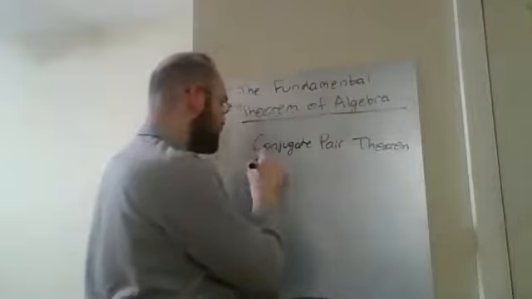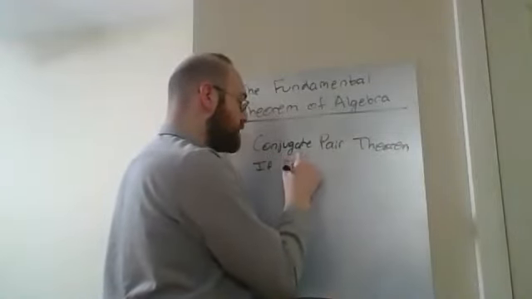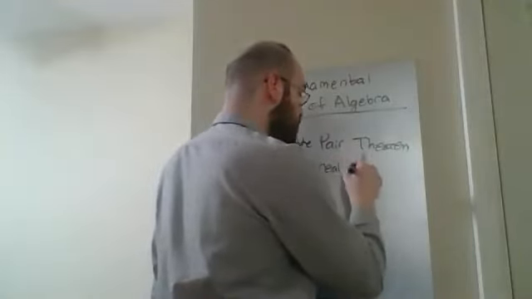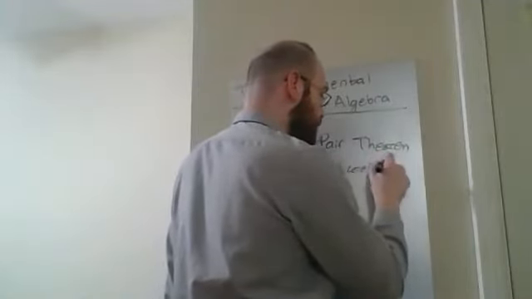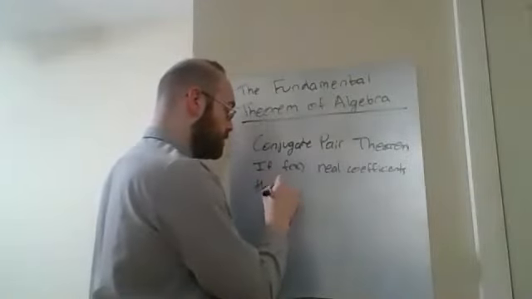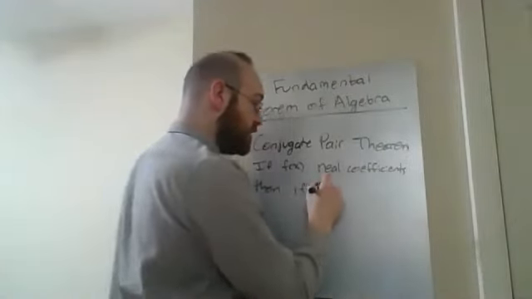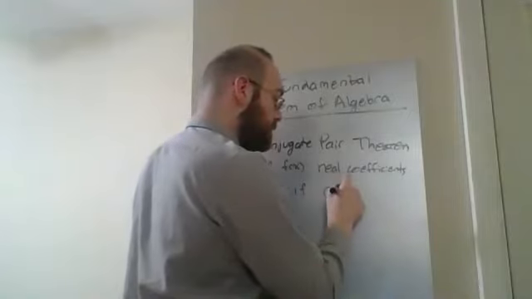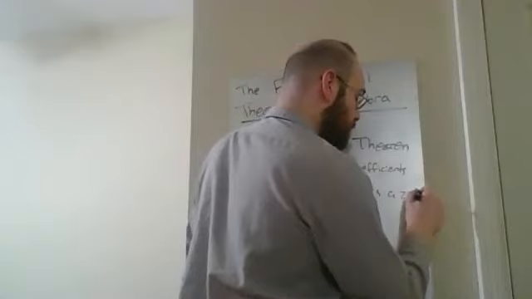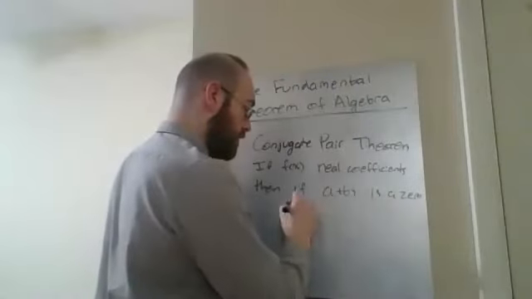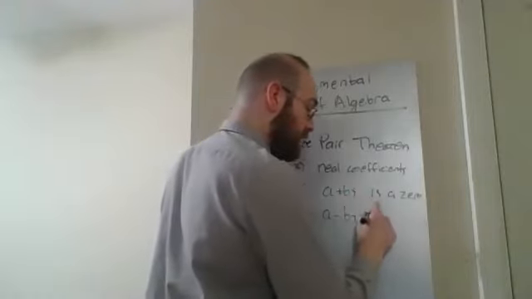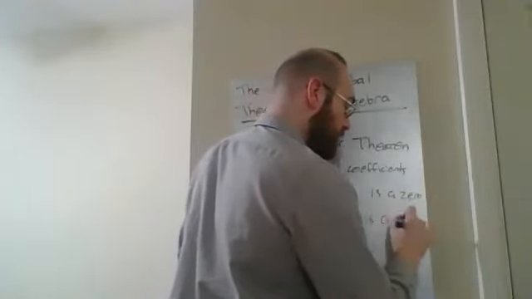And this tells us if f of x is a polynomial with real coefficients, then if a plus bi is a 0, then a minus bi is a 0.